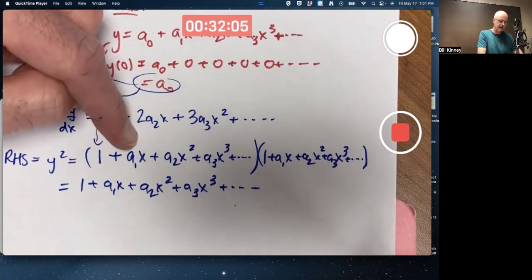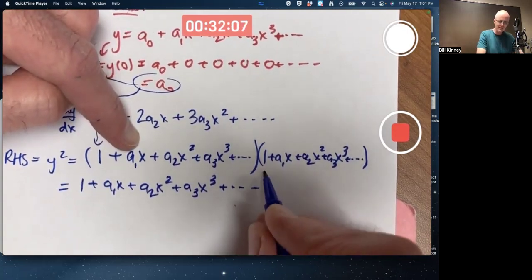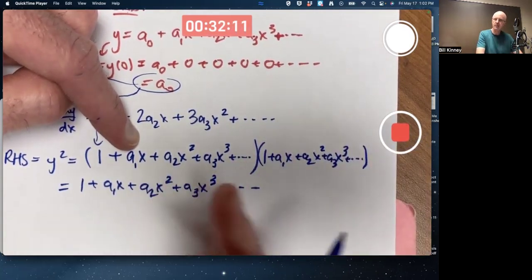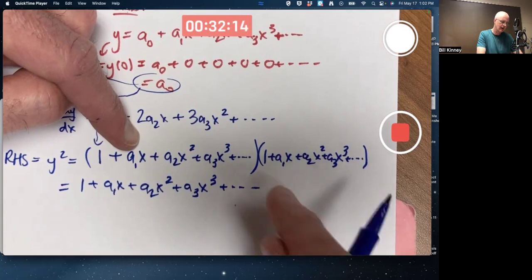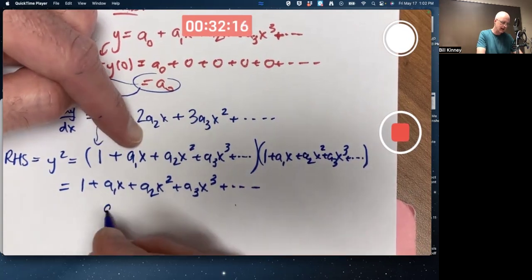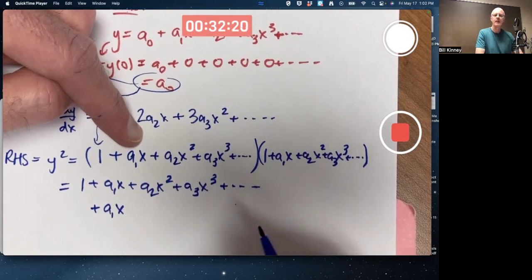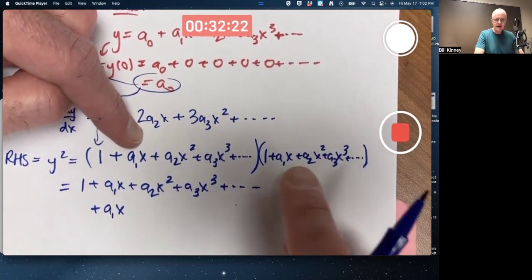Then go to the next term on the left, a1x, and multiply it times every term over there, putting the answer in the next row and lining up like terms vertically. a1x times 1 is a1x. I'll put a plus sign here too, emphasize that. a1x times a1x.